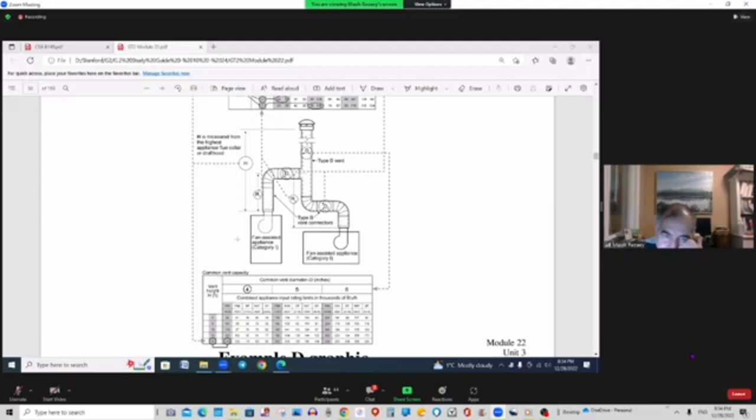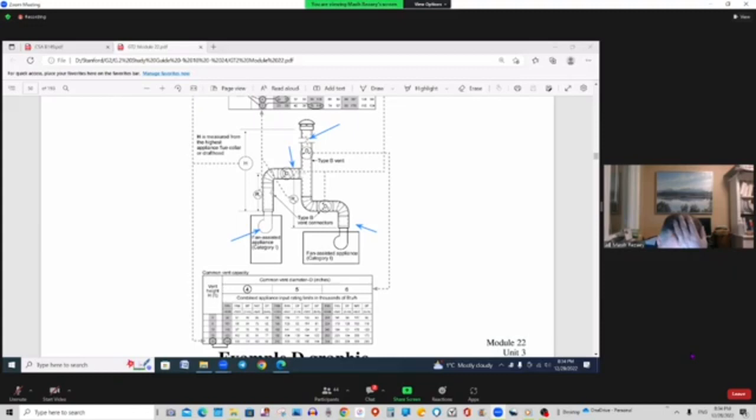B connector. And 2 or more appliances. So when we have 2 or more appliances, B vent and B connector, we go to table C3. So table C3, two or more appliances, B vent, B connector.